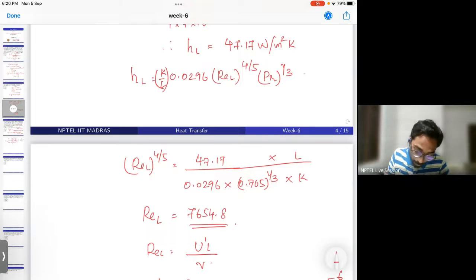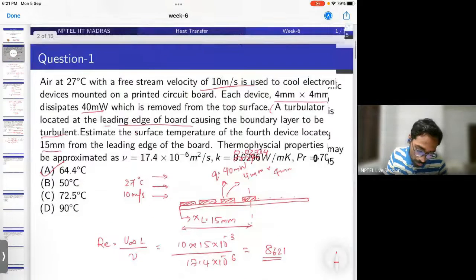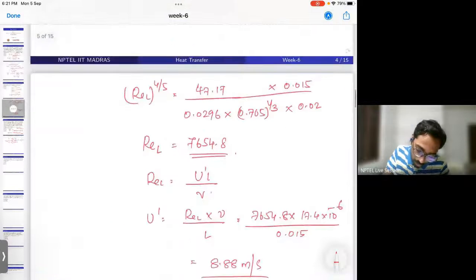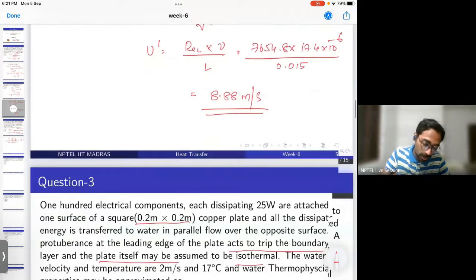Okay, so what is l? It is 0.015 and k is 0.022764. So after that you will get this answer. Sorry, I forgot in the last question.